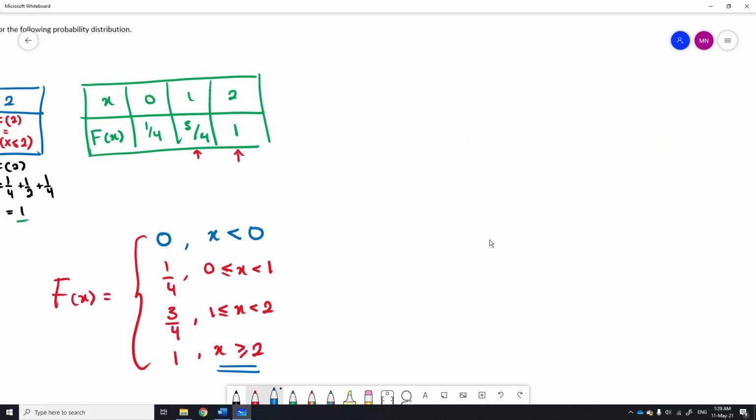To understand further about the inequalities, let's form the cumulative distribution graph. This is the cumulative distribution graph, where the y-axis is F(x) and the x-axis is x.